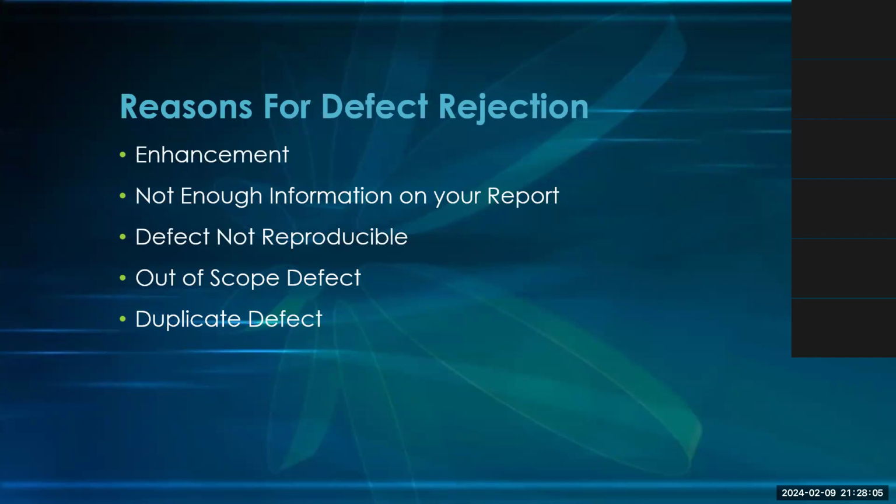If after doing all this your test lead or your test manager still can't get valid information, like you still don't understand the reason for the defect, he can reject it as well.